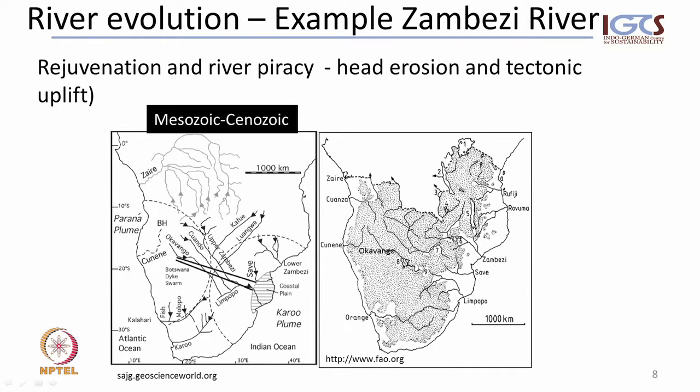This map here shows us what we see today. This should be familiar to you. The Orange River, one of the few rivers draining into the Atlantic Ocean, and then the Okavango Delta, which became a terminal or a so-called drunken delta in a desert region today due to these tectonic movements. So this is the situation since about Pleistocene time.